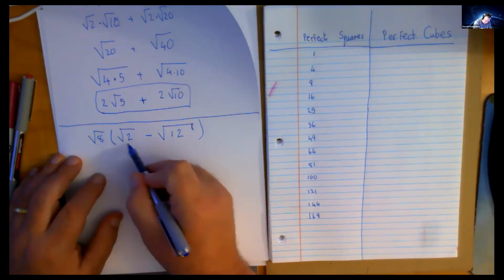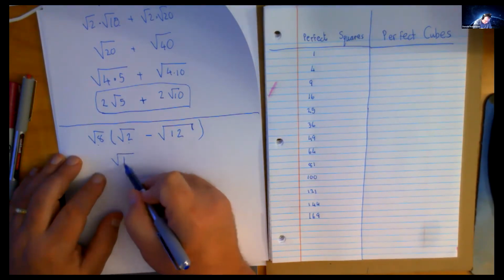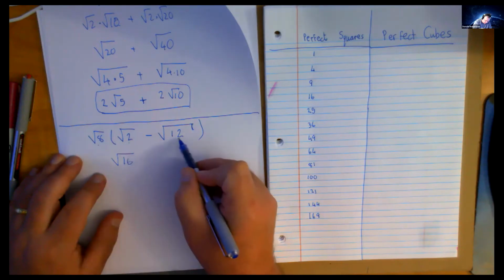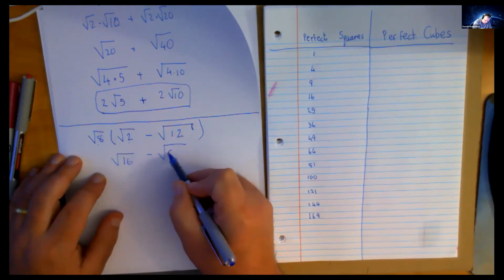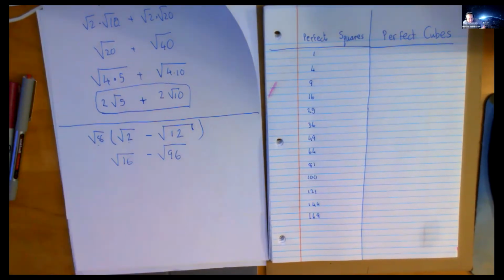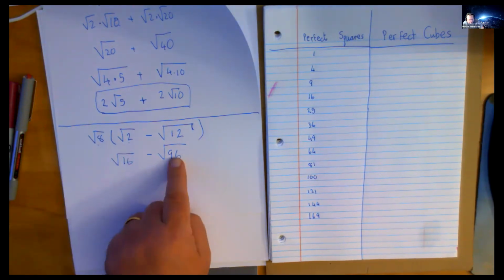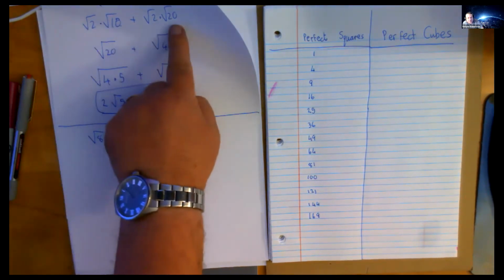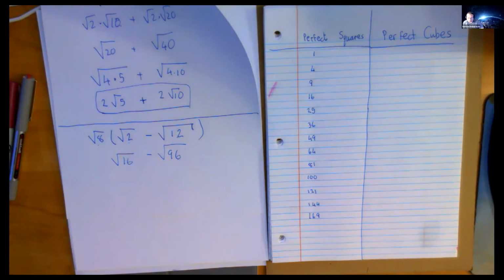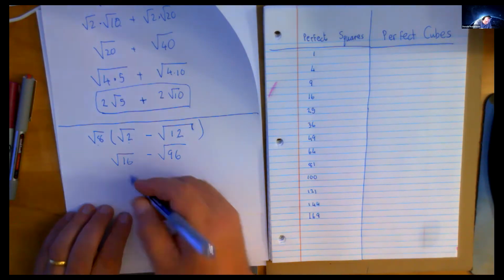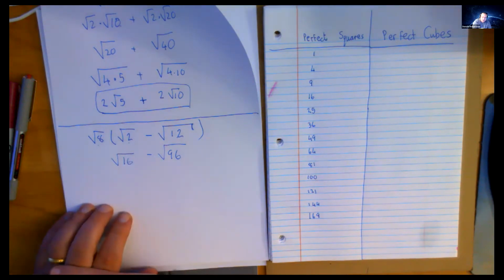Square root of 8 times square root of 2 gets you square root of 16. Square root of 8 times this gets you the square root of 96. Do you see I've just done the multiplication in my head rather than write this line down? Okay. Can you do anything about making the square root of 16 nicer?